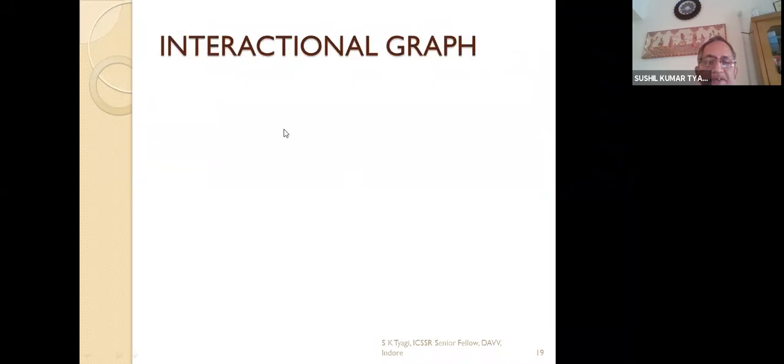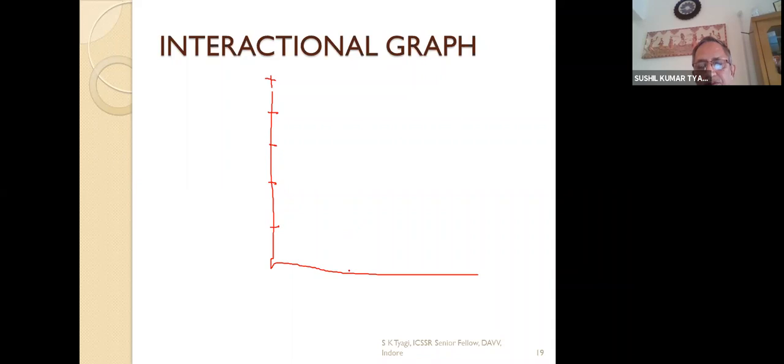Now we draw the interaction graph. Quickly, this is the x-axis, this is the y-axis. This is 1, 2, 3, 4, 5.